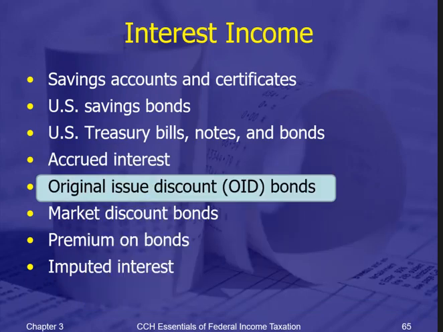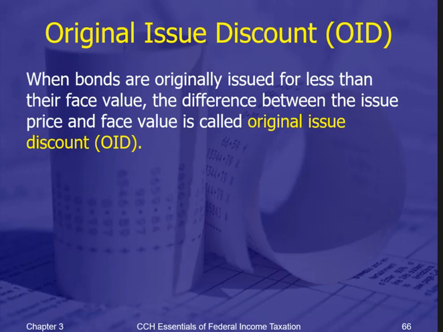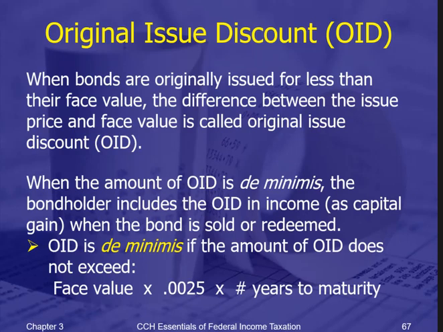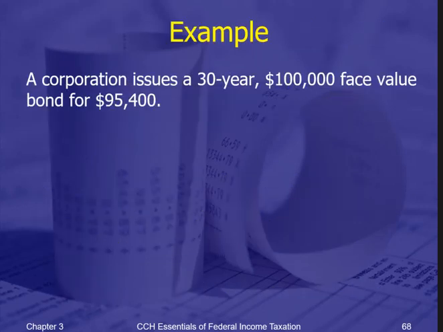Now, OID, your author spent quite a bit more time on this than is probably necessary, but you should know what the de minimis rule is. OID means you buy the bond for less than its face value, and then at the end of the term you redeem it for its full face value.